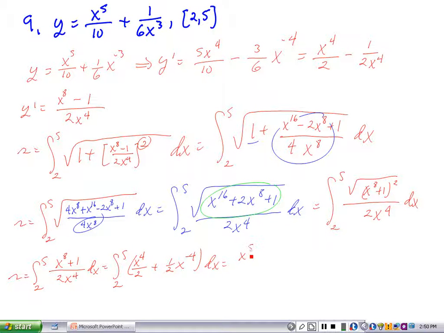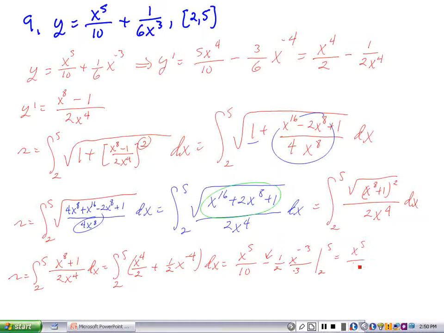This is x to the 5th all over 2 times 5 is 10. So minus is going to jump in there. This is the 1/2. You get x to the -5 plus 1. That's -3. All over the -3, or put the negative here. So we'll just say 3.